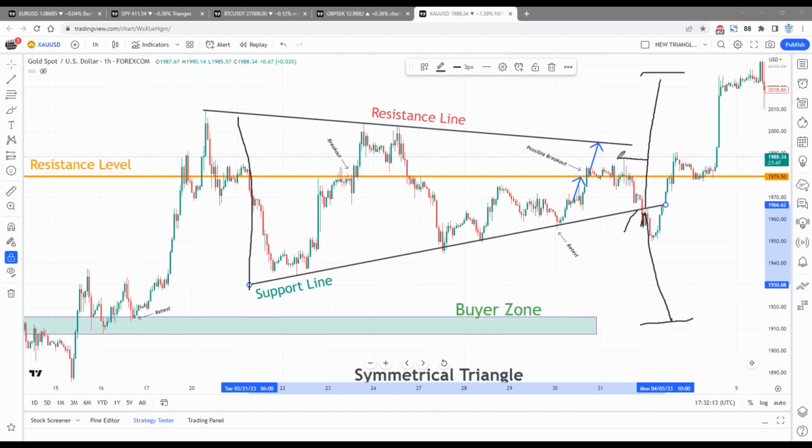Okay. Last swing high before the breakout. So stop loss, target, buy. I mean, sell, trade, enter a trade, but that's your sell position.